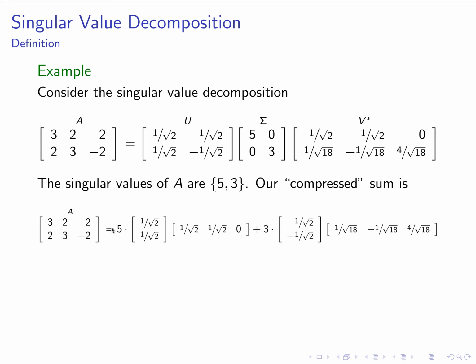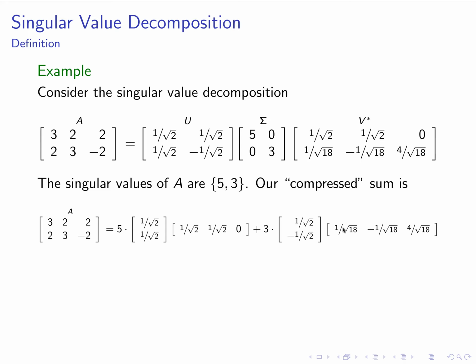The first term here will be the first singular value, which is 5, multiplied by the first column of U, which is 1 over root 2, 1 over root 2, multiplied by the first row of V conjugate transpose, which is 1 over root 2, 1 over root 2, 0. Since this is a rank 2 matrix, to get the fully compressed sum without losing equality, we need a second term, which is the second singular value, 3, multiplied by the second column of U, which is 1 over root 2, negative 1 over root 2.